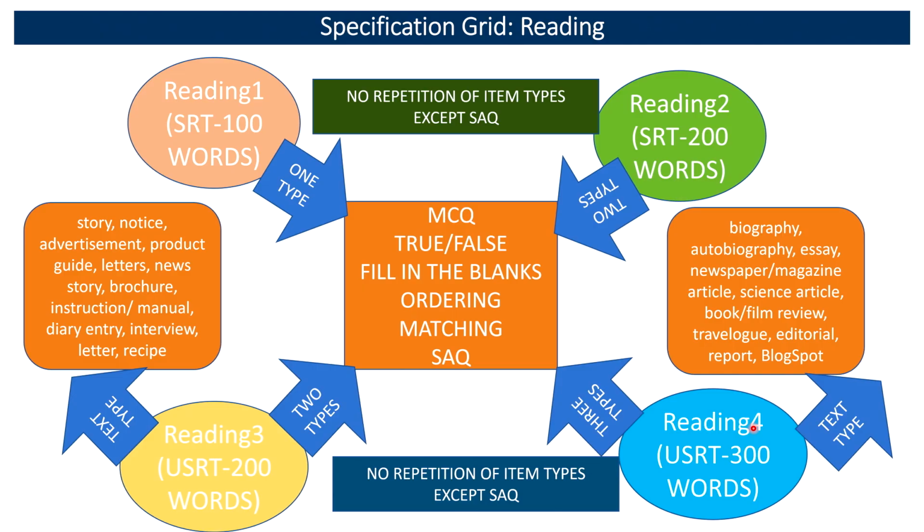So I hope you have got the basic idea of the reading items that are asked in SEE examinations. So, next thing you need to remember is about the cognitive levels.